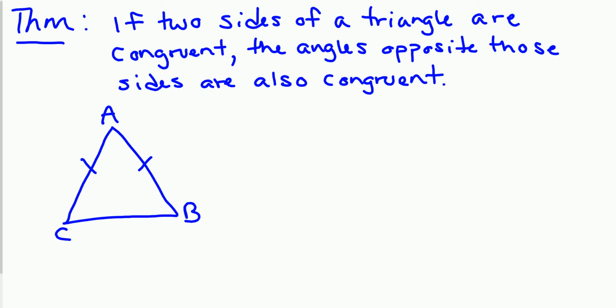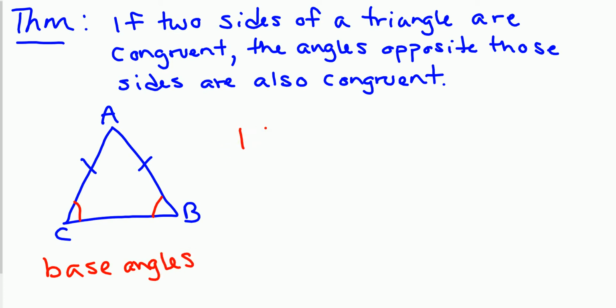So if those two sides are congruent, the angles opposite of them, so we have this side, opposite of this side is this angle C, opposite of this side is angle B. So angle C and angle B would be congruent as well. Right, and those are what are called base angles. The base angles are congruent.